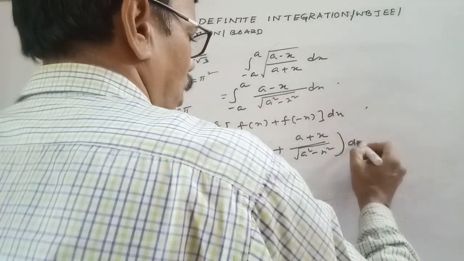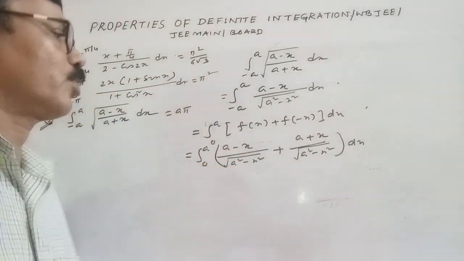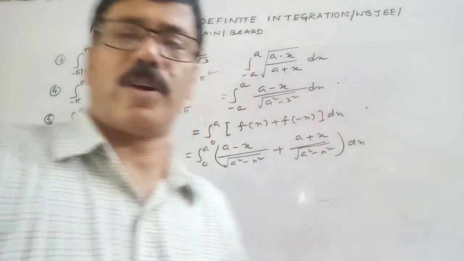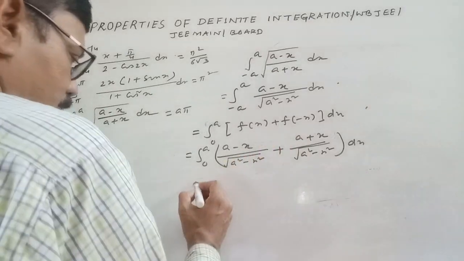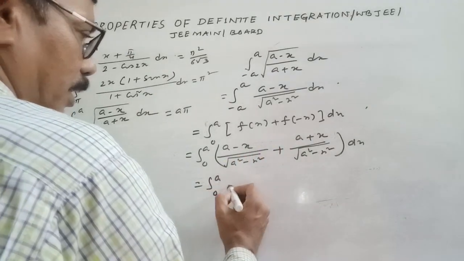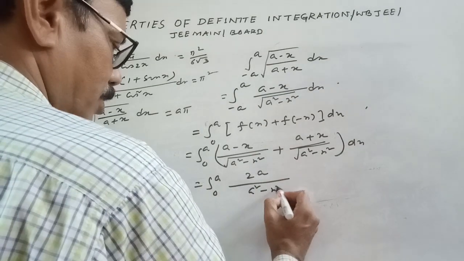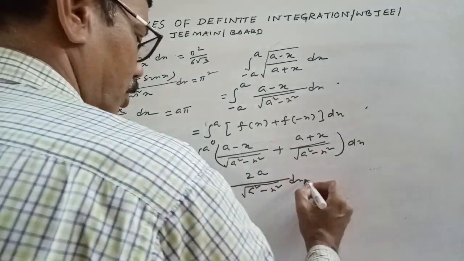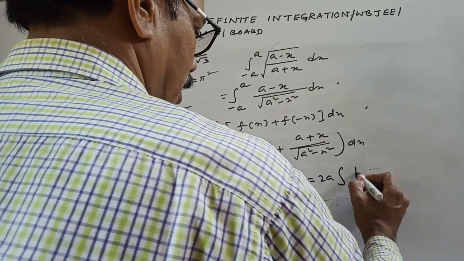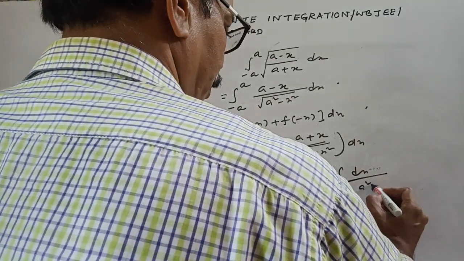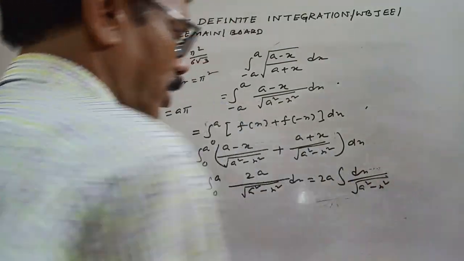So omitting one step. Now same LCM you are getting. So 2a by a square minus x square, dx. So 2a outside, dx by a square minus x square.